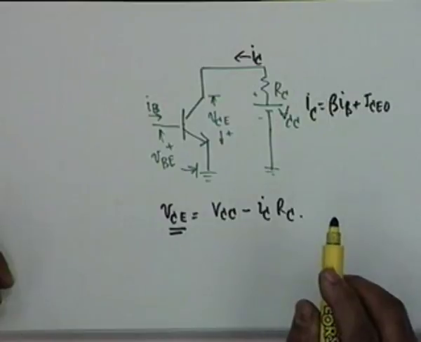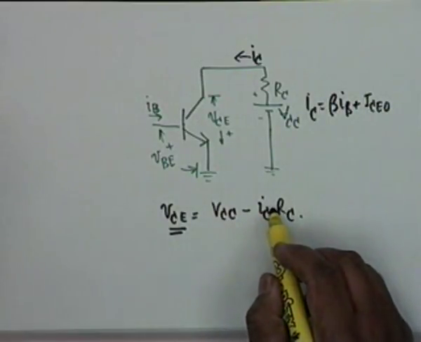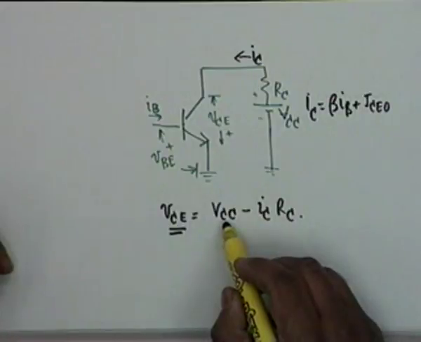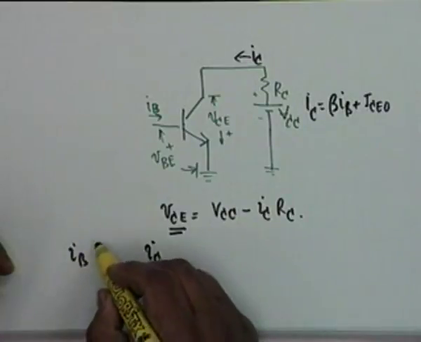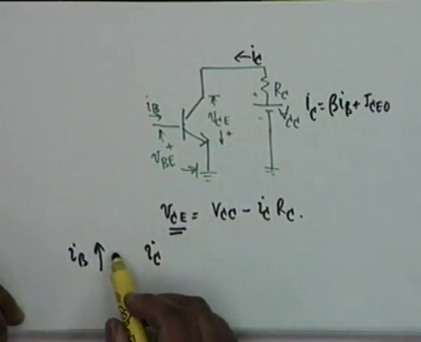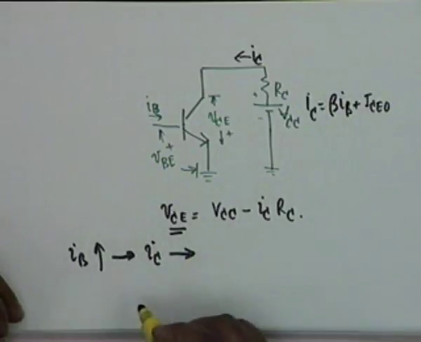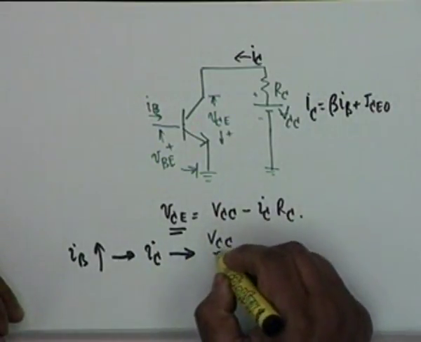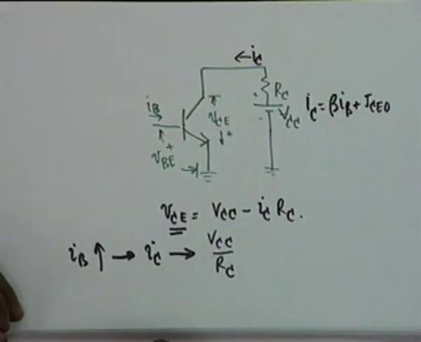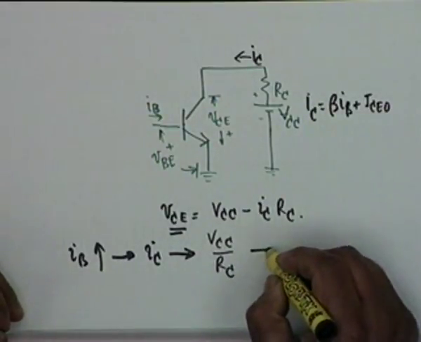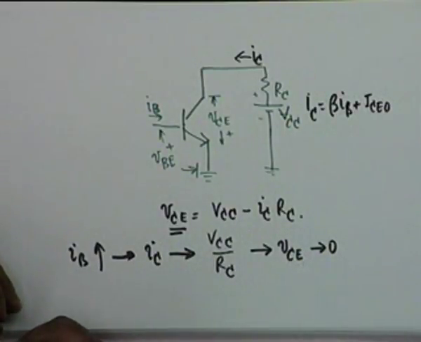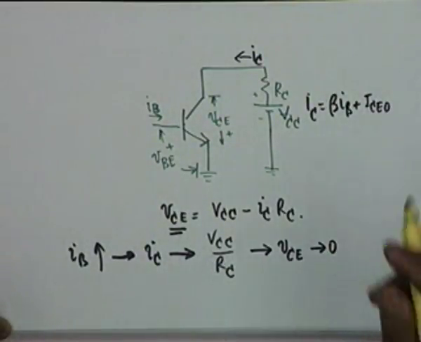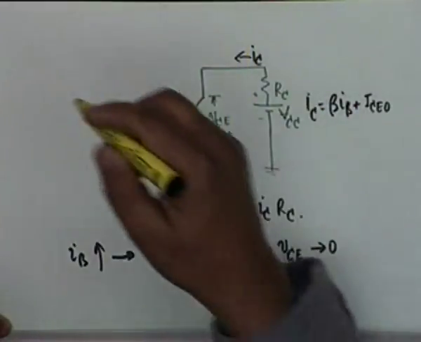And the maximum I sub C that we can get from the circuit is VCC by R sub C. That is, when IB increases, I sub C tends to VCC by R sub C, and if that happens, then VCE tends to 0, right?